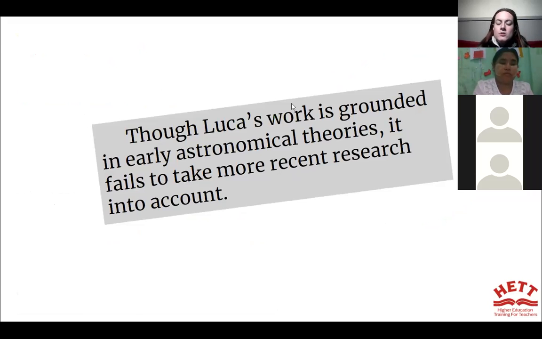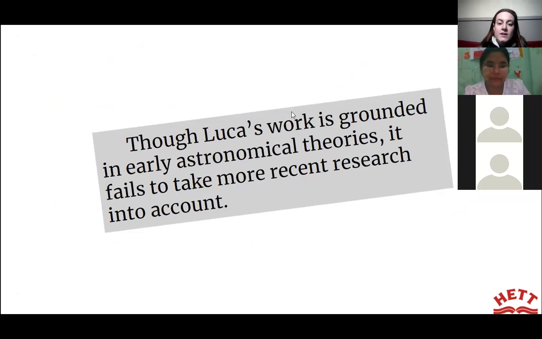Okay. Though Luca's work is grounded in early astronomical theories, it fails to take more recent research into account. Is this a summary? Is this an assessment? Or is this a reflection?